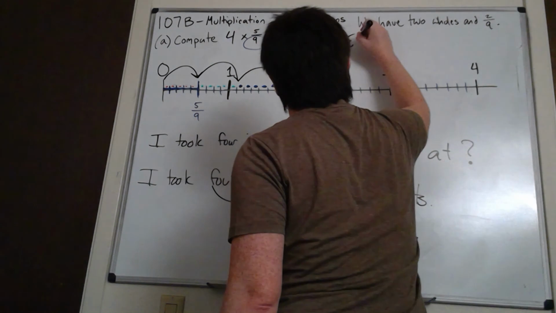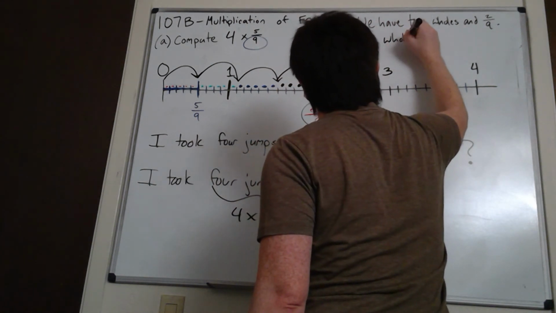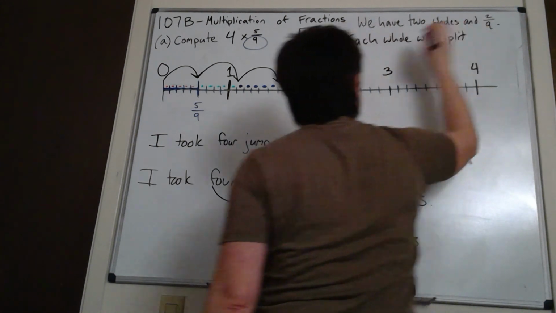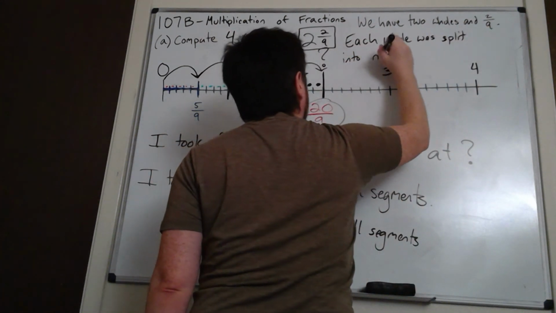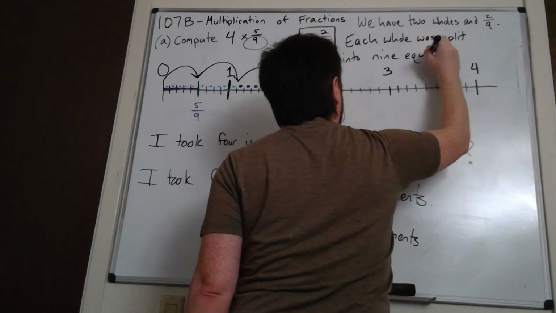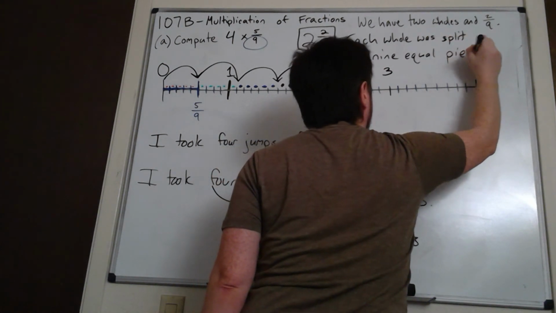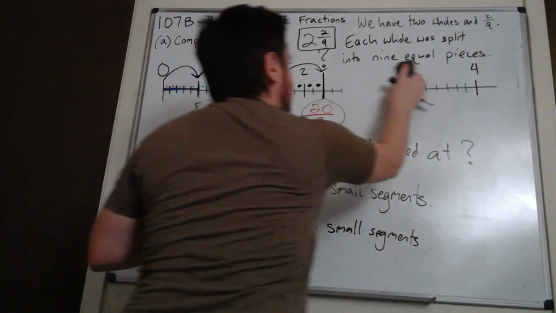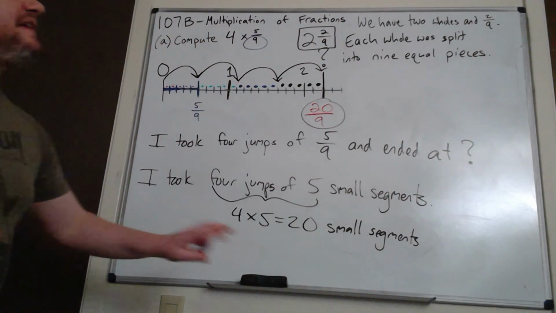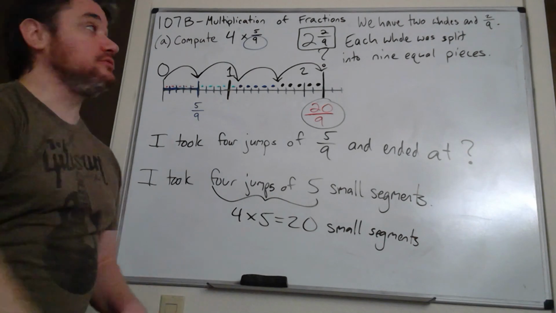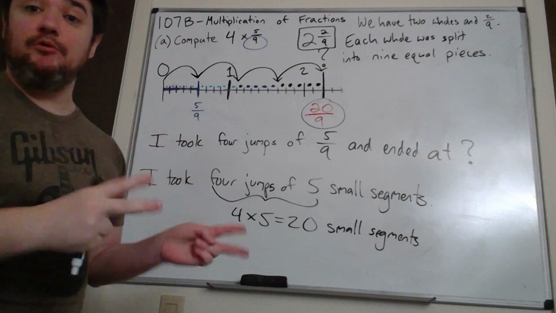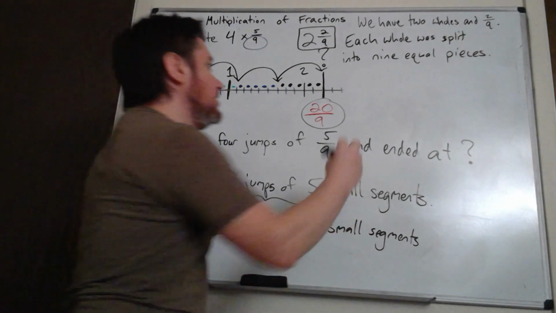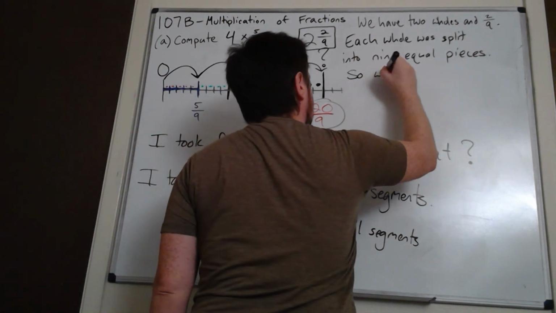Each whole was split into 9 equal pieces or equal segments. Okay, so I guess I don't need this portion of the line there. We've got 2 wholes and then 2/9. Each whole was split into 9 equal pieces. So how many groups of 9 do we have? 2, right? Each whole is a group of 9. So we have 2 groups of 9.